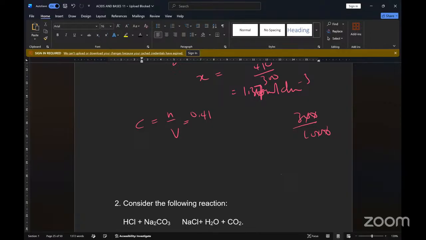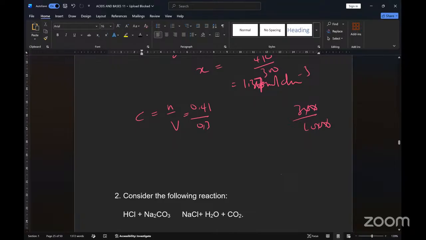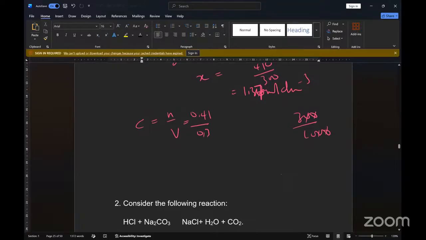So you're going to have 0.3. Okay, so let's see whether we are going to get the same thing. 0.41 divided by 0.3, and yes, we have 1.366, which is the same thing as 1.37 mole per dm cube.